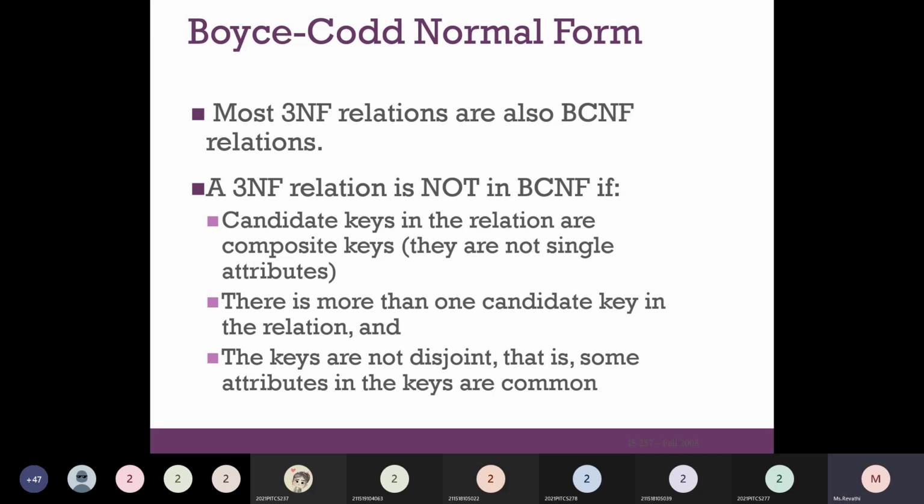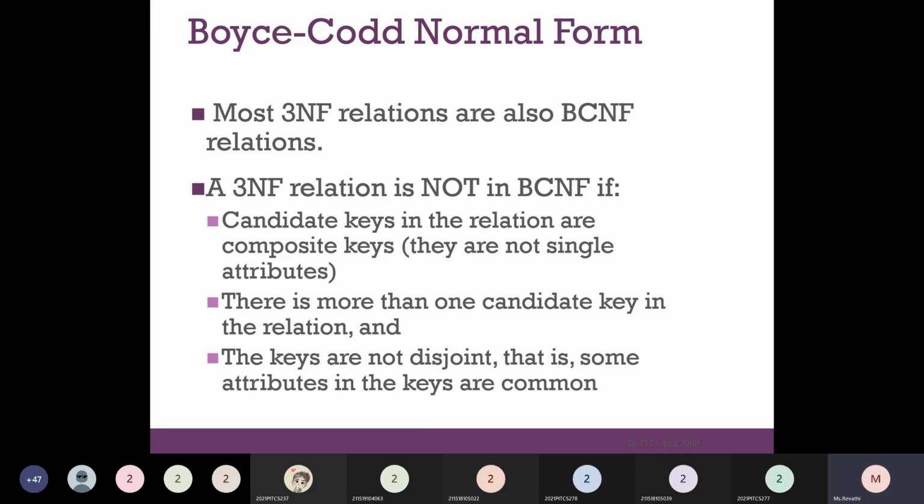Let me discuss the 3.5 normal form, or Boyce-Codd normal form. Most 3NF relations are also in BCNF. A 3NF relation is not in BCNF if the candidate keys in the relation are composite keys.